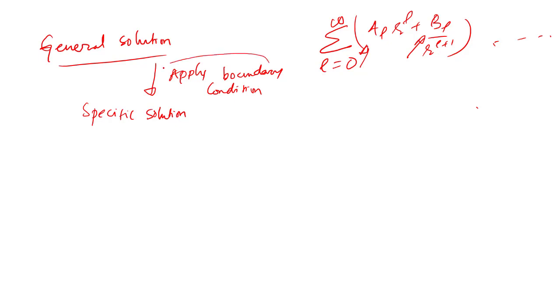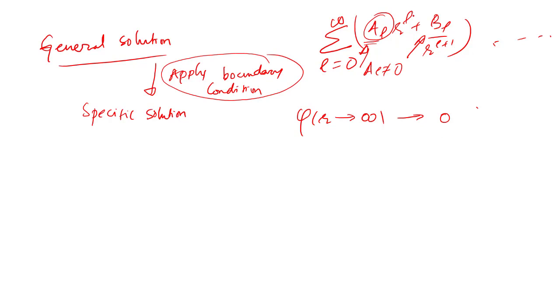So when we apply boundary conditions, for example, if I have the condition that as r goes to infinity, phi of r should go to 0, right? So in such conditions, you can see that you cannot have AL, because if AL is not equal to 0, then this term r to the power L would diverge as r is going to infinity, so you wouldn't have a good solution for your phi. It doesn't satisfy the boundary condition that phi should go to 0 as r goes to infinity.